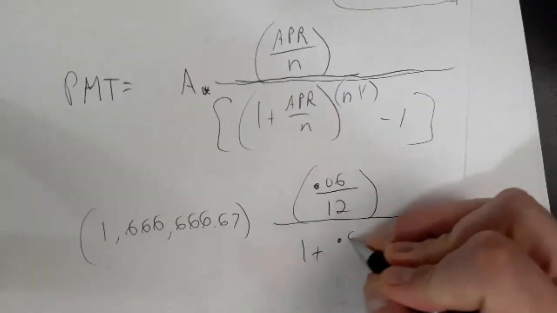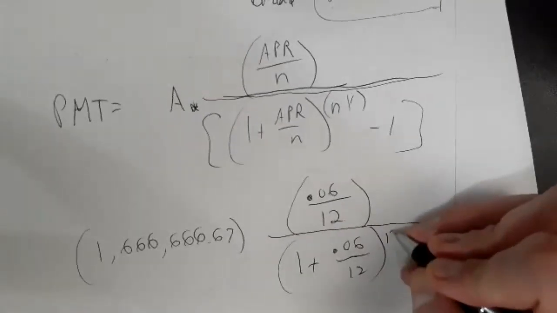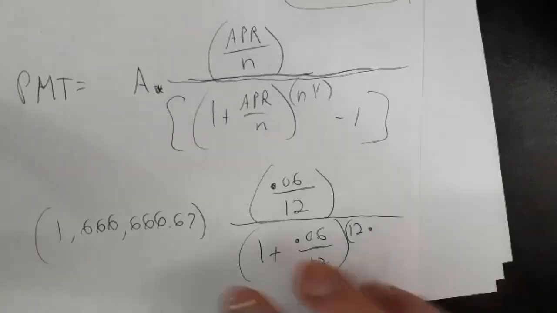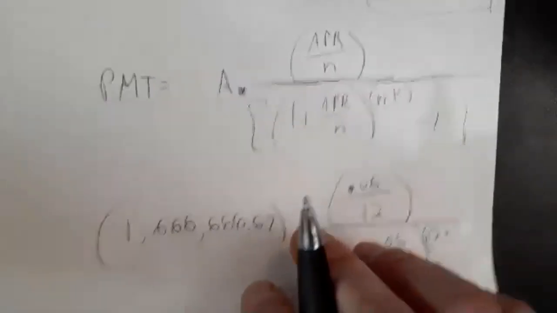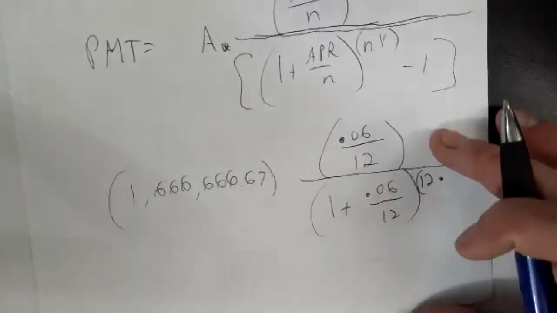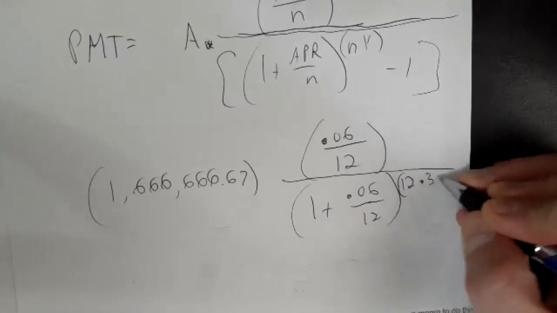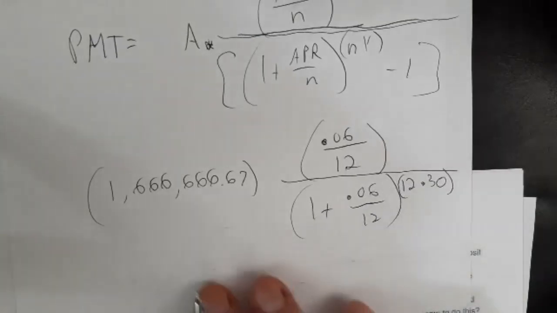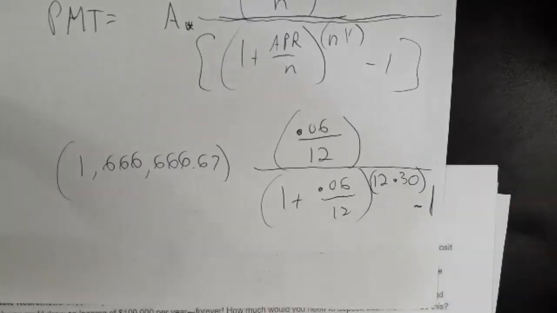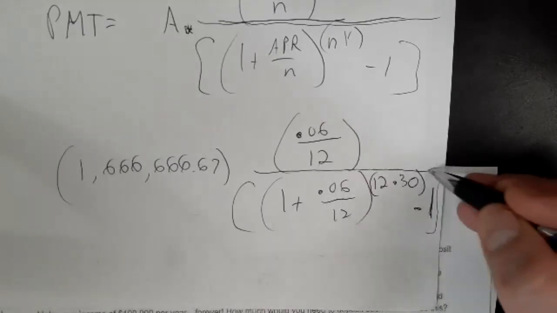So this looks like 1 plus 0.06 over 12, to the N times Y, which is 12 times, how long did they give us to save this? 30 years, I think. Yeah, you're 30 years old and you want to retire at 60. They say it kind of weird, but they mean you're saving for 30 years. And then we have to subtract 1, and put some parentheses around these.